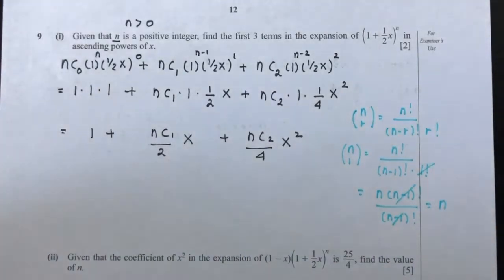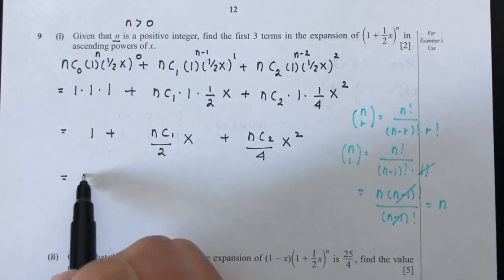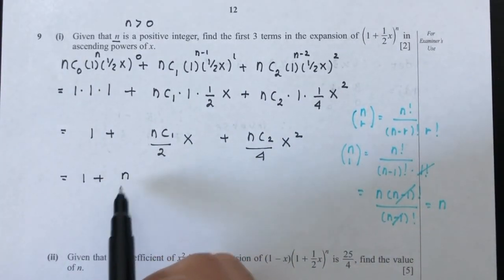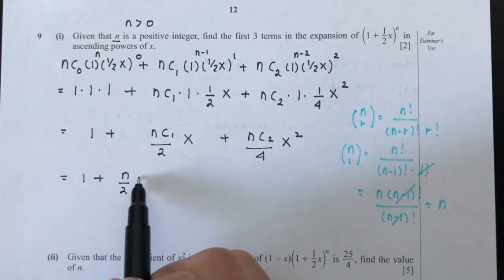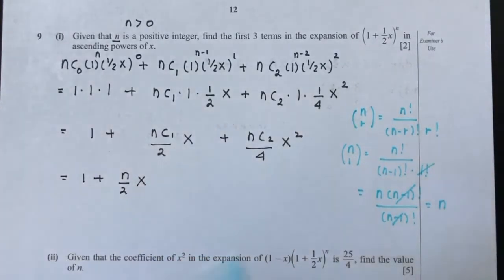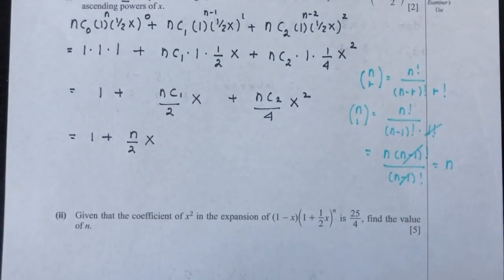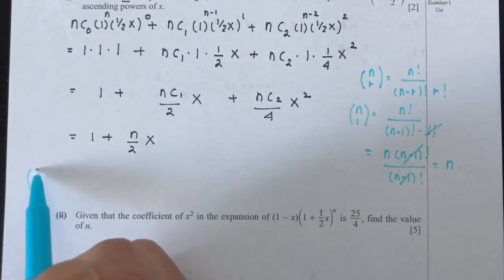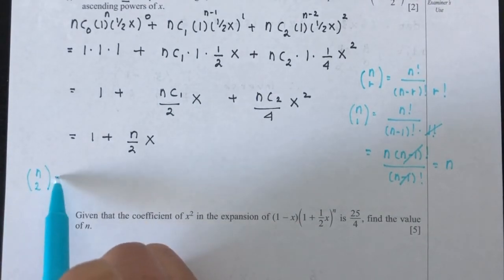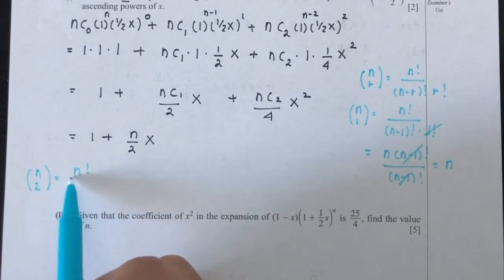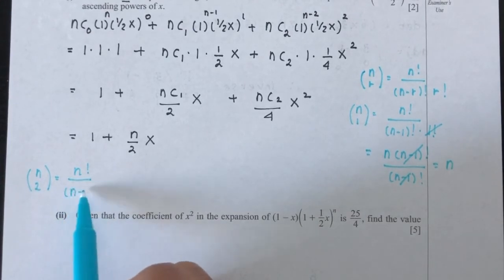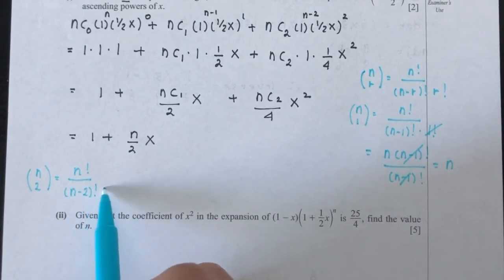So let's write this down. So right now we have 1 plus n over 2x. How about this one? N choose 2. So same steps, let's simplify this. Let me do this on this side. So now we have n choose 2. That will be n factorial over n minus 2 factorial times 2 factorial.